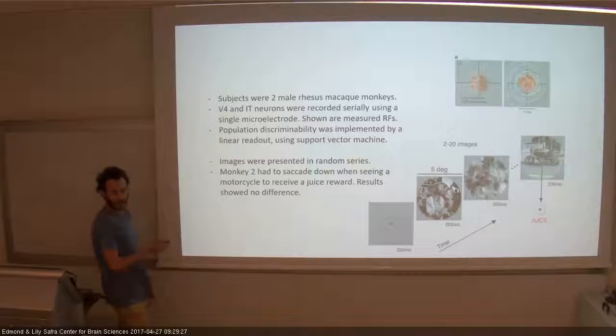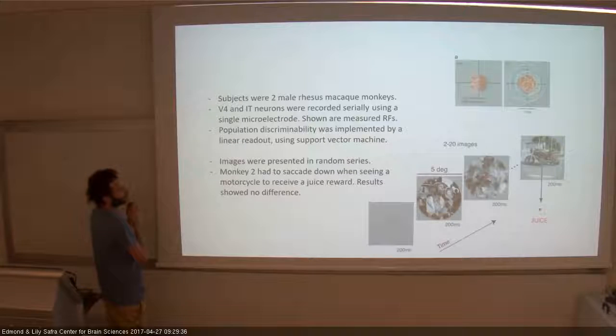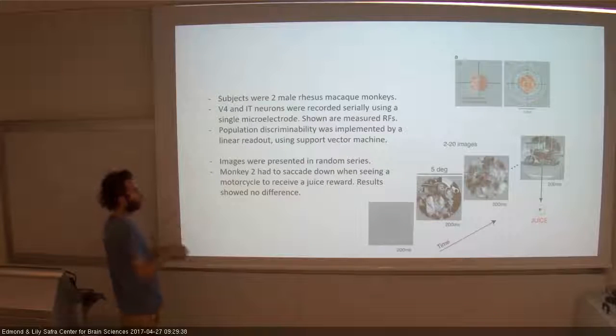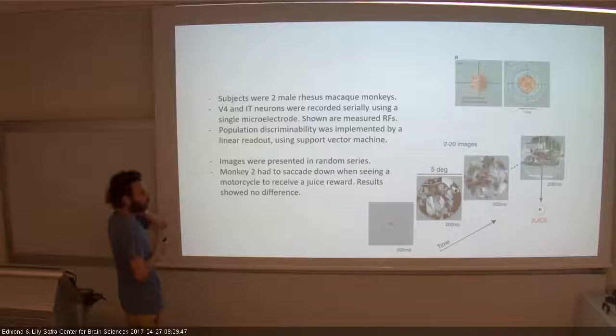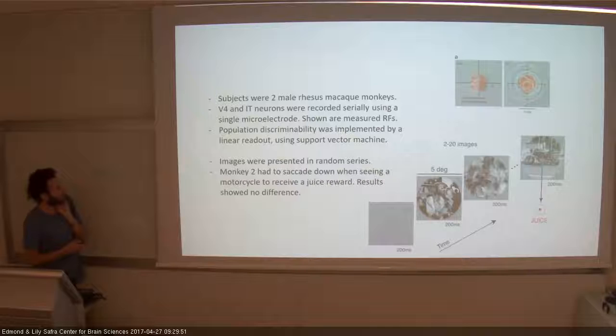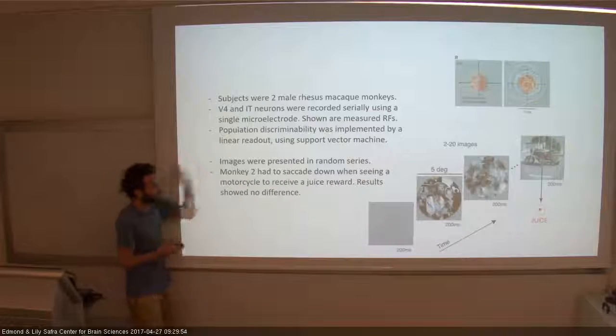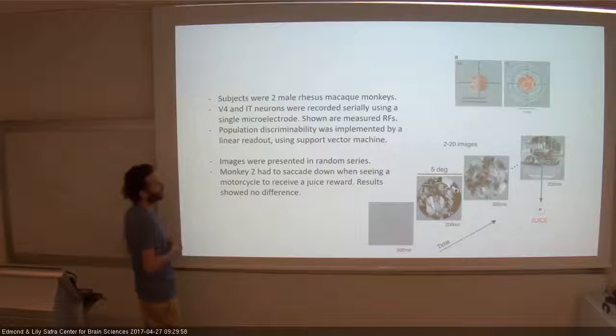To see how the monkeys could recognize or differentiate between the images, the responses were added up. Later we'll see how. Discriminability was measured with a linear readout separator using a support vector machine. And that's it, just talking a little about the way the stimuli were presented.